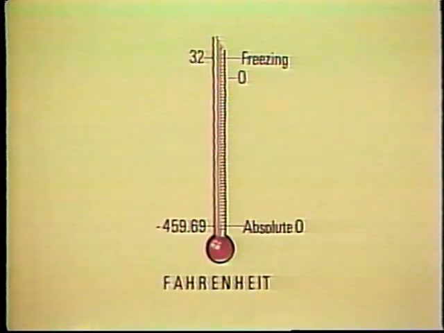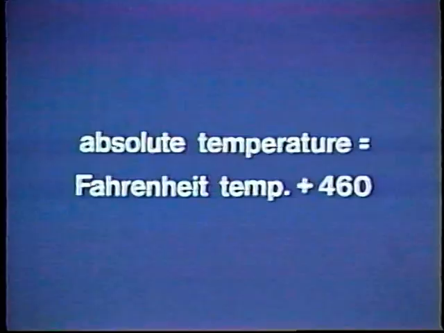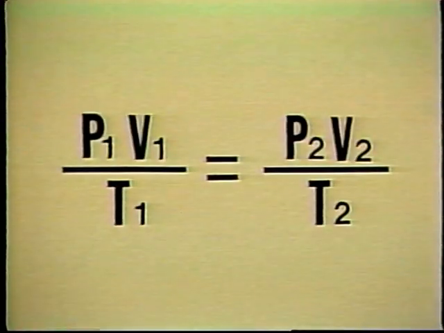For convenience's sake, this reading is usually rounded off to 460. This means we must add 460 to our Fahrenheit reading before we substitute in the formula. The modified gas law isn't absolutely exact, but it is close enough for most everyday calculations.